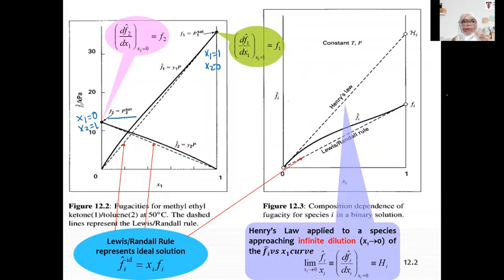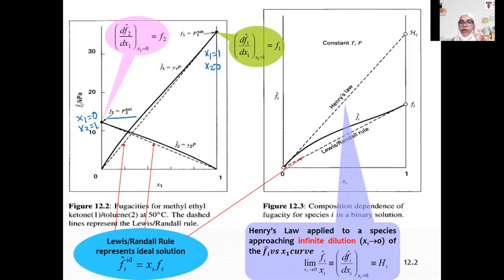For the second graph, we can relate this data to the laws that we have learned. First, we have Henry's law, where one species is dilute compared to the other species, and the second line here is the Lewis-Randall rule.